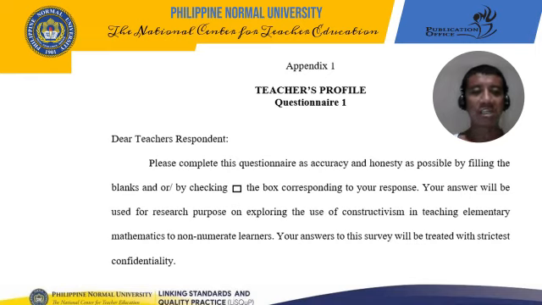Your answers will be used for research purposes in exploring the use of constructivism in teaching elementary mathematics to non-numerate learners. Your answers to these survey questionnaires will be treated with strict confidentiality.